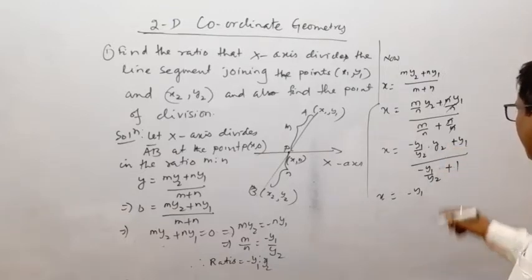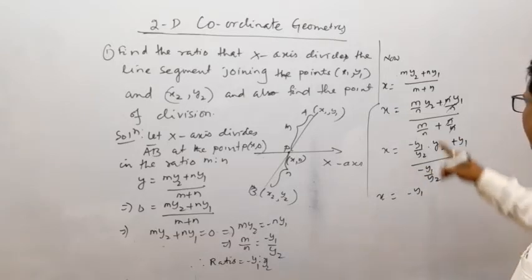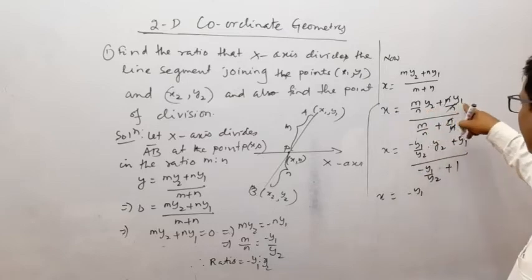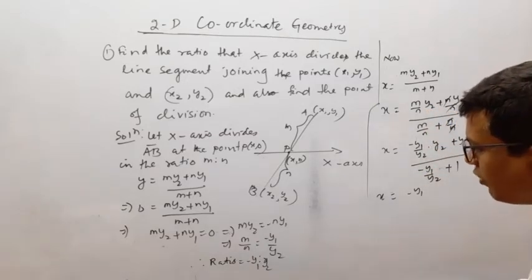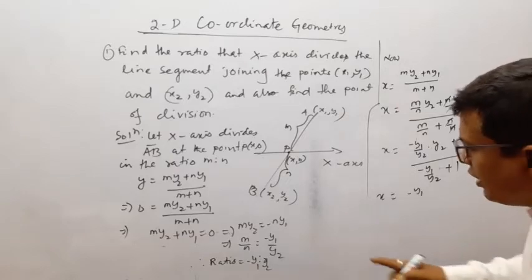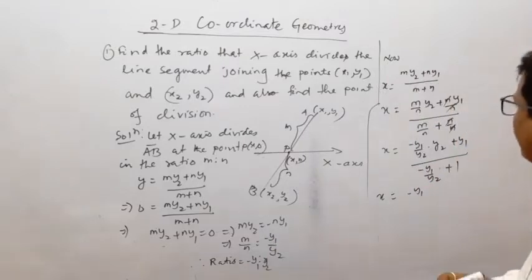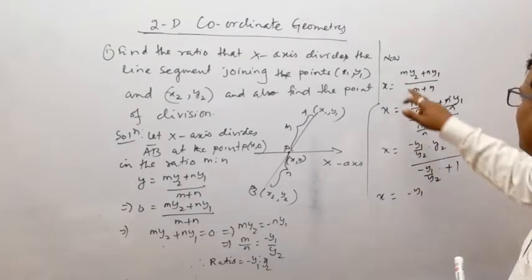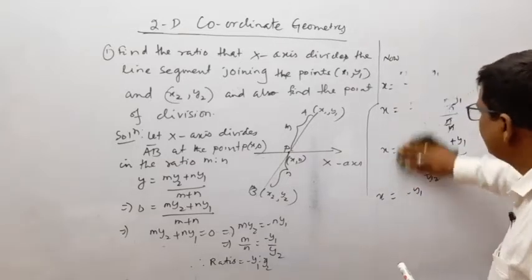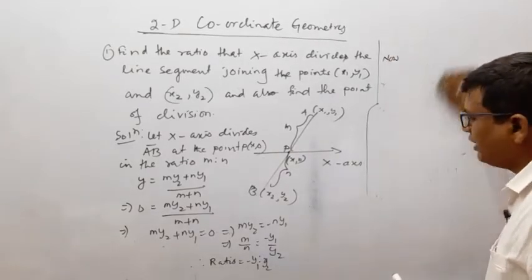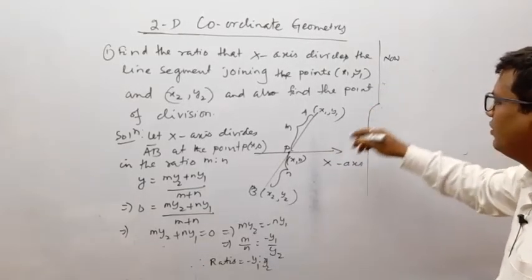This is m y2 plus n y1 by m plus n, m y2 minus n y1, m by n is equal to y1 by y2. So the formula is x is equal to, this is wrong, because we are finding the x coordinate, we find the x coordinate.